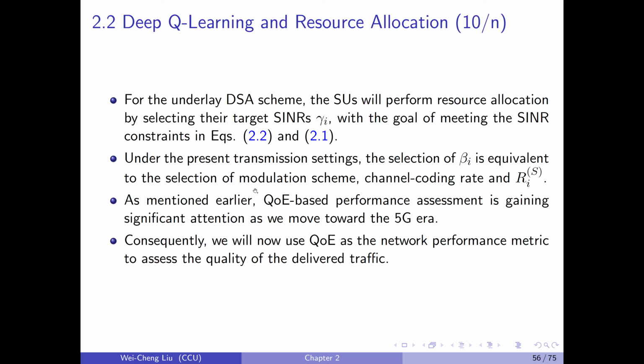Okay, I think you have already known what is modulation, if you have taken the course principles of communications and digital communications. Then what is channel coding rate? We have introduced what is channel coding rate. I think we should review it again.